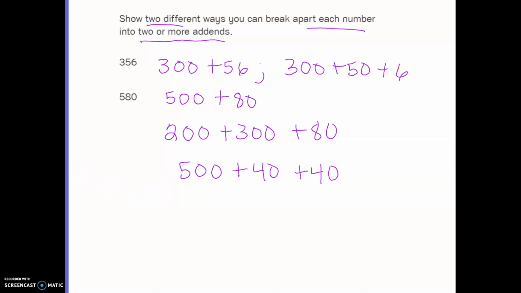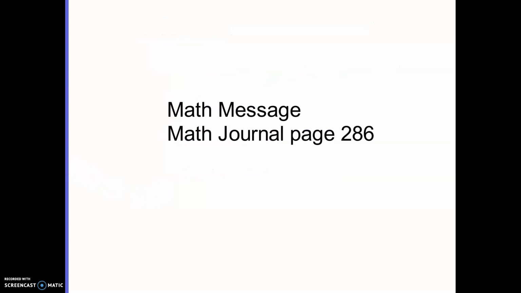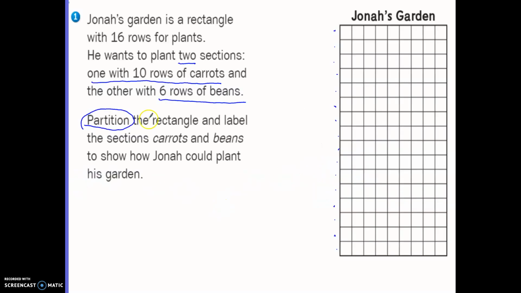Okay, good job. So we're going to work on our math message right now, and I need you to get your math journal and turn to page 286. So it looks a little bit like this. Mine's enlarged, and I have just one problem on it, and that's okay. So you have a rectangle garden on the right hand side that's called Jonah's garden.